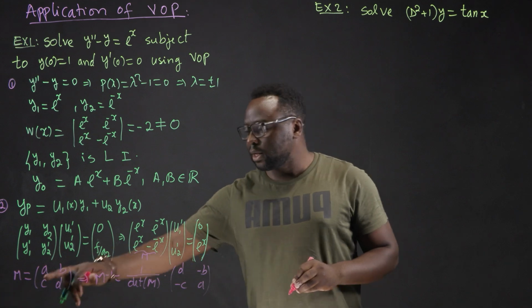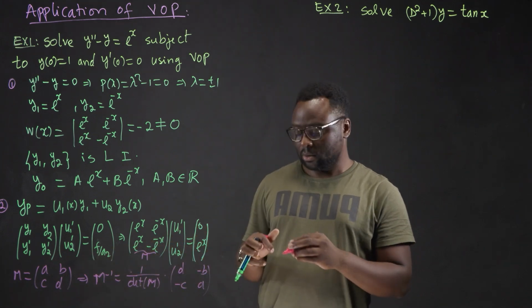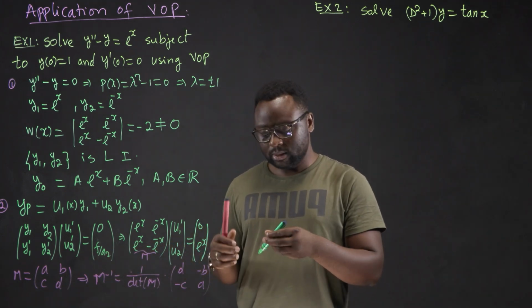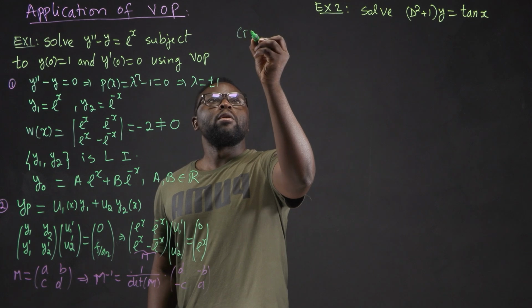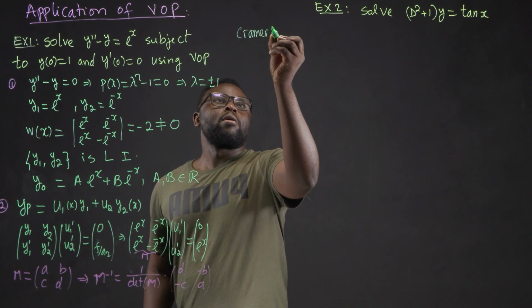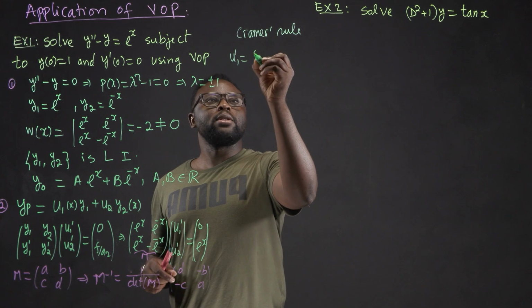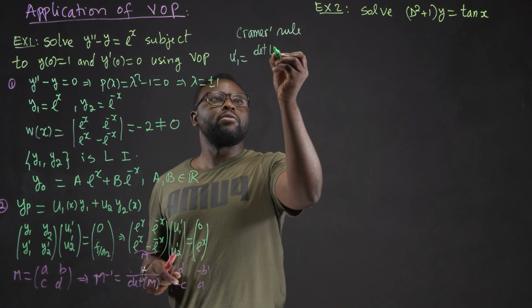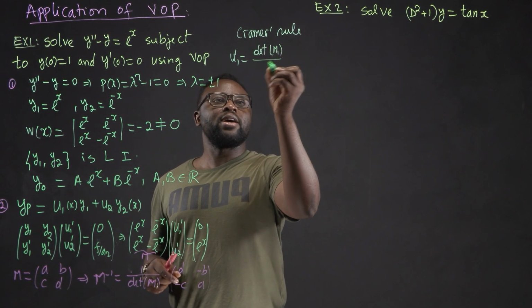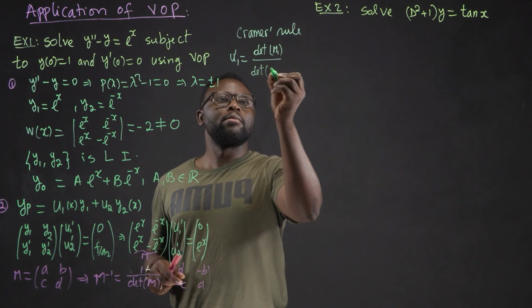All right, so we can either use this or we can use Cramer's rule. Cramer's rule says this. Find u prime 1 by using the determinant of M1 divided by determinant of M.